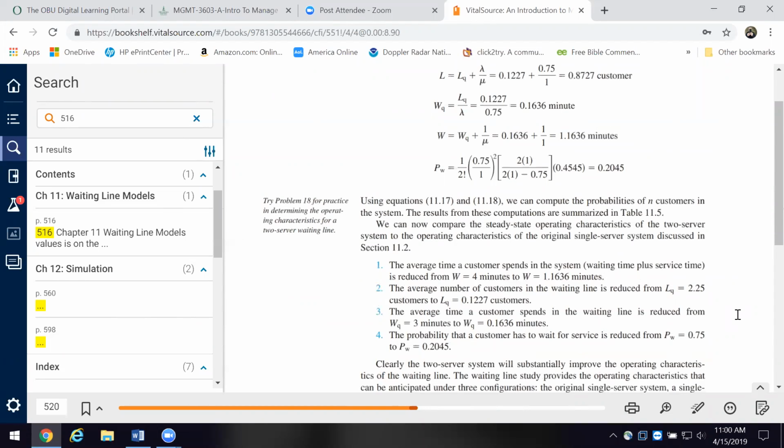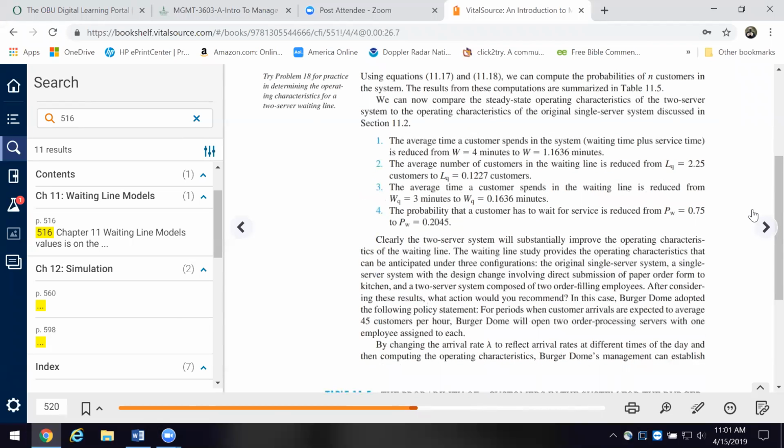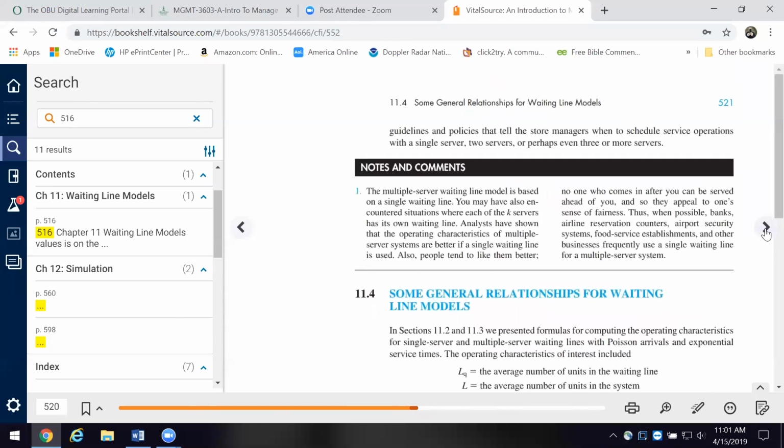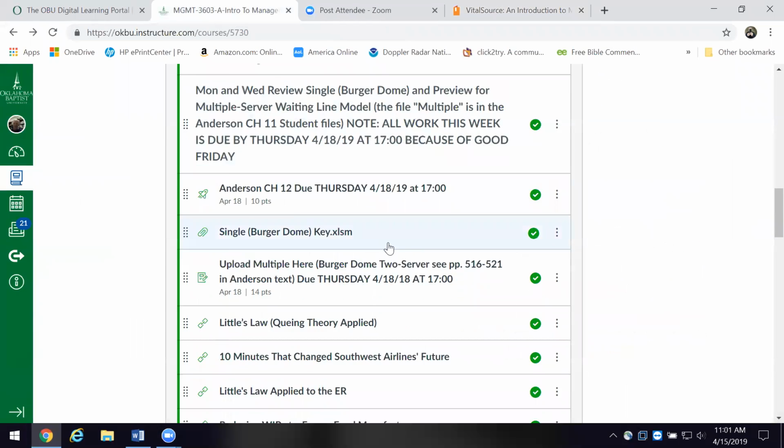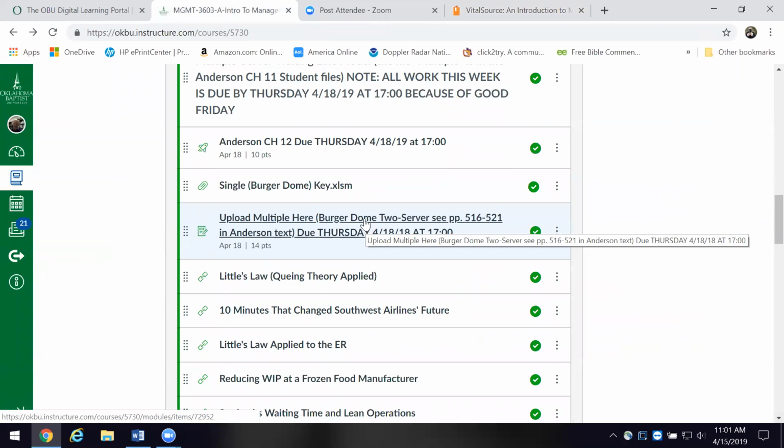They walk us through the average time a customer spends in the system, waiting time plus server time, and the average number of customers in the waiting line, etc., and what we can do to attack them or try to reduce them.